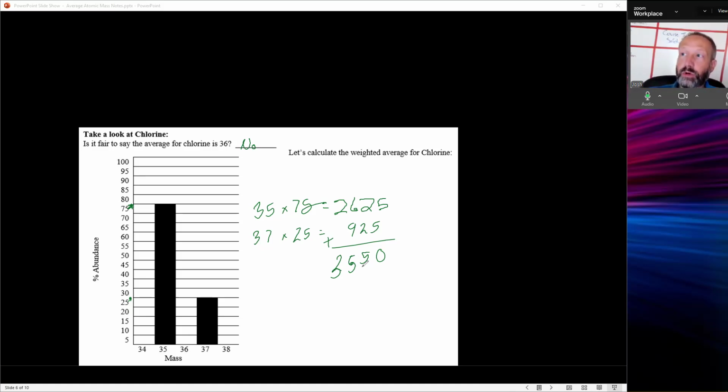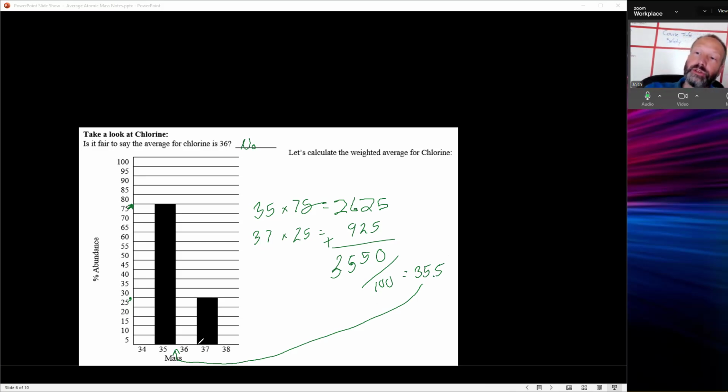And again, we're working with percentages. We need to do one last step. We need to divide by 100. So when we divide by 100, we get 35.5. And that is definitely a much more fair weighted average for the mass of chlorine.